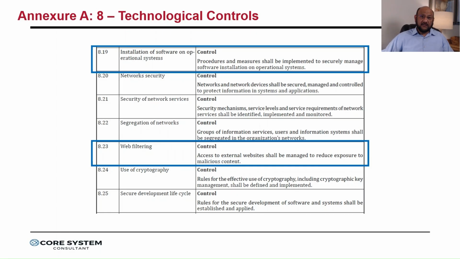So that is something you really need to focus upon. One of the areas that I may highlight is that the company has defined a policy for web filtering, which is allowed and which is not allowed, but then this is not implemented on the tools. So they have the tools, but it is not fully implemented. You need to pay attention that whichever policy the company has defined is all implemented through the tools that you have.